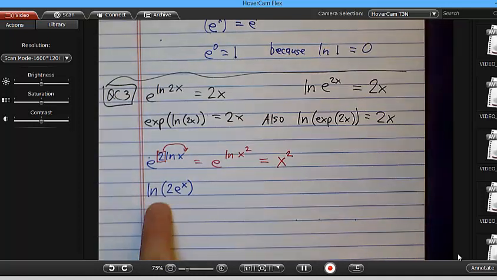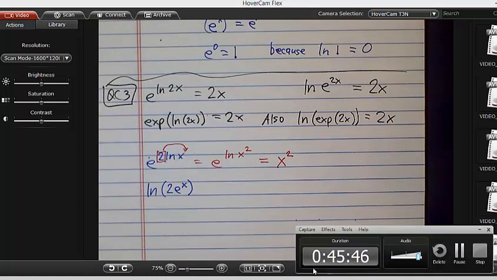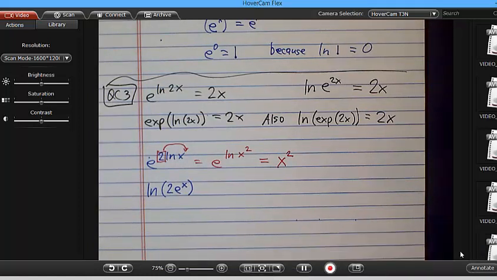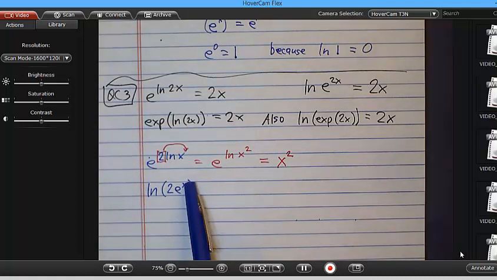What about this one? I'm going to let you talk to each other for 1 minute about that one. This time I'm going to use log law 1. The natural log of a product. I saw somebody try to take the 2 and put it up here in an exponent. You can't do that with an e.